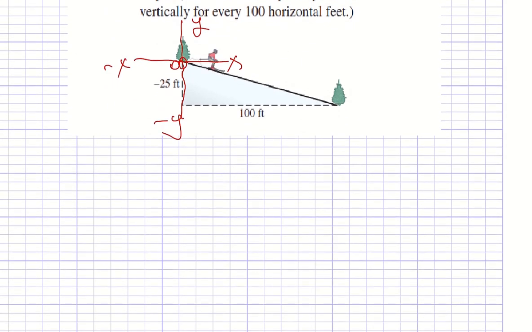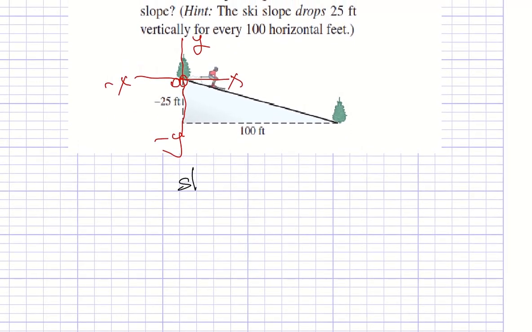Okay, so we'll do the same thing we did before. Slope is equal to rise over run, right? All right, always remember rise is vertical.